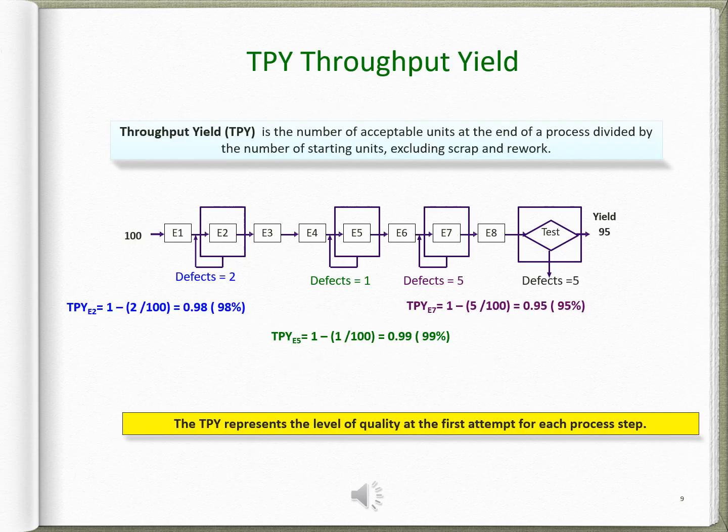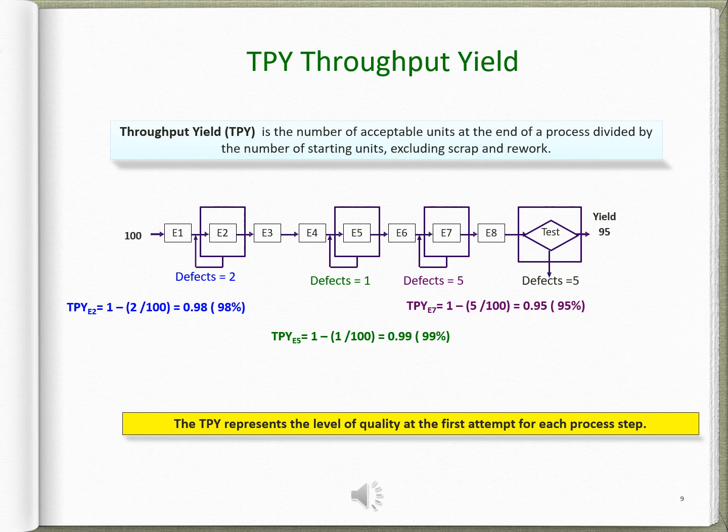Throughput yield, TPY, is a crucial metric in evaluating process performance. It represents the number of acceptable units at the end of a process, divided by the number of starting units, excluding scrap and rework. This metric gives us information regarding the actual performance of each step along the whole process. The number of quality units without defect and rework is divided by the total number of units processed to obtain the TPY.